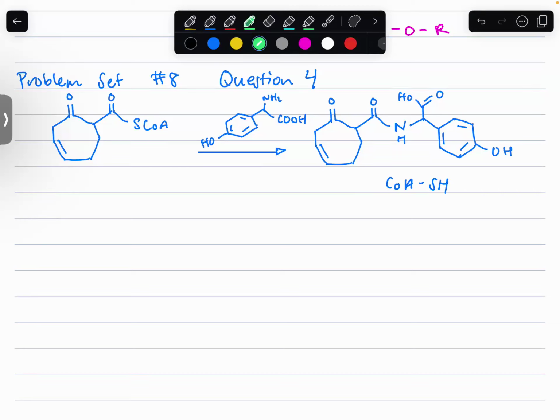Acyl. And initially we had this S-CoA attached, and at the end we have this amine attached. So basically we substituted our S-CoA for the amine group. So this is an acyl substitution.